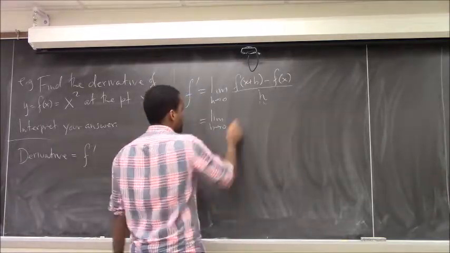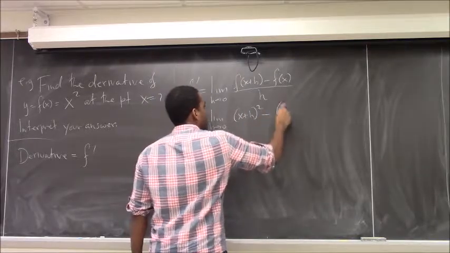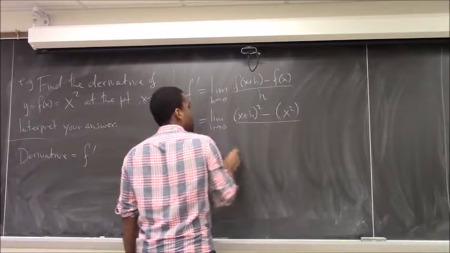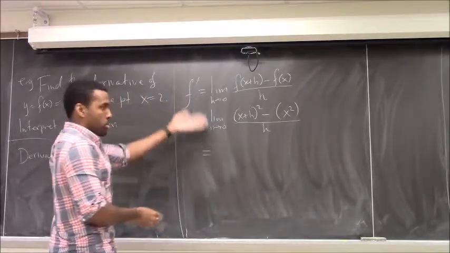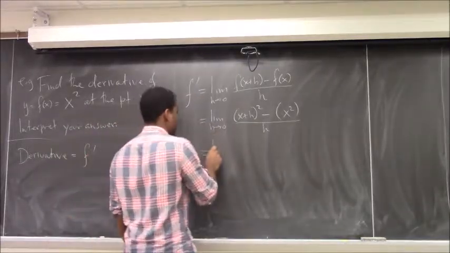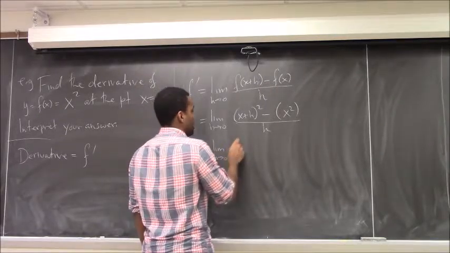It's x plus h, all squared. Put my f of x inside of here, divided by h. Now, we've been doing these all semester at this point, so let's just get through that.